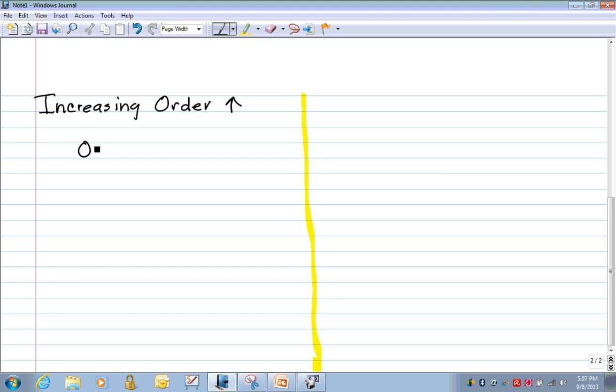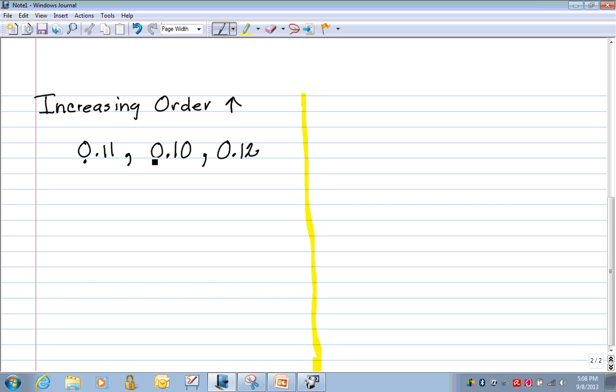I have 11/100, and I have 1/10, and I have, let's see, 12/100. If I want to put them in increasing order, that means I need to start with the smallest number.